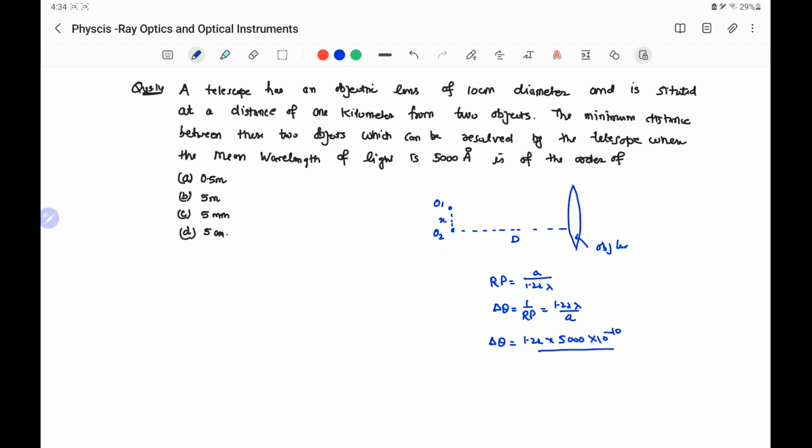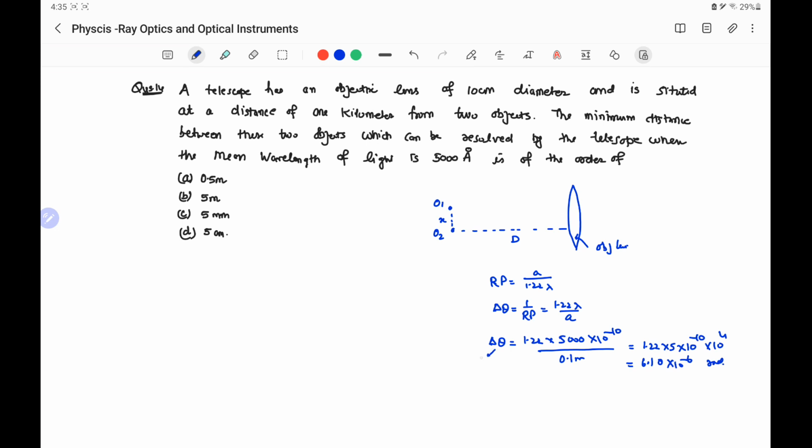And the diameter of the lens is given as 10 centimeters, so in meter we can write it as 0.1 meter. On simplifying we will have 1.22 into 5 into 10 raised to the power minus 10 into 10 raised to the power 4, so on multiplying, we will have 6.1 into 10 power minus 6 radian.